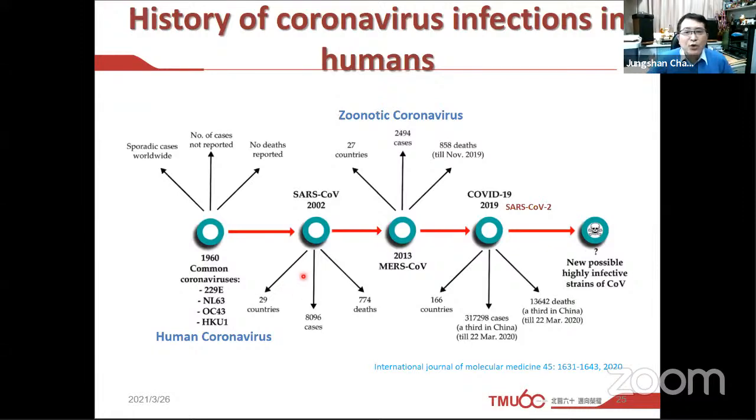Compared to the other three, which we call zoonotic coronaviruses, their original host is bats or other animals. However, they can pass into human beings. They include SARS-CoV, in the pandemic that occurred in 2002, and another one in 2013, MERS-CoV, which originally occurred in Saudi Arabia. Recently we got COVID-19.